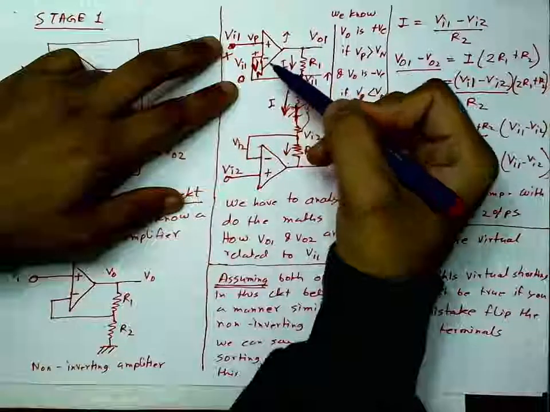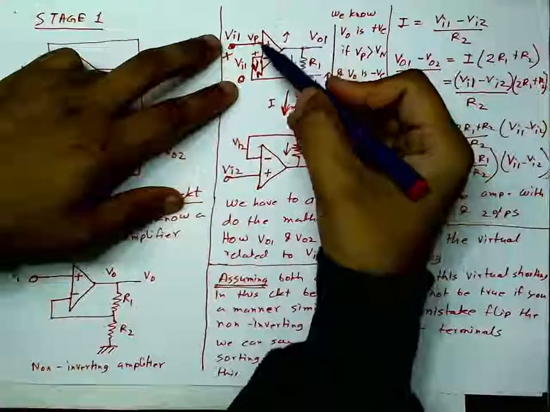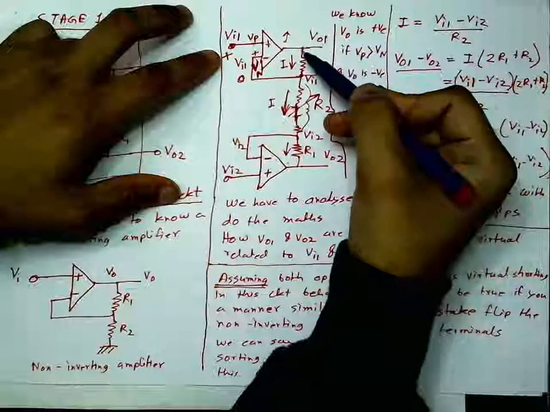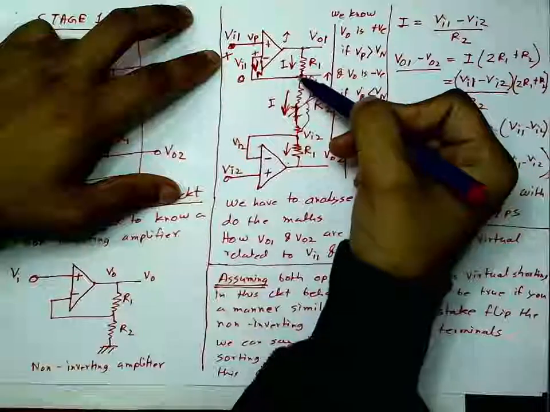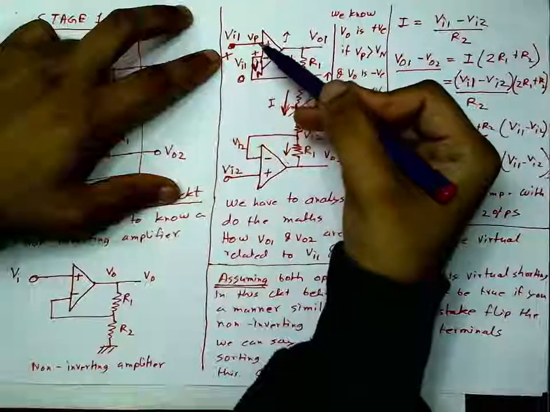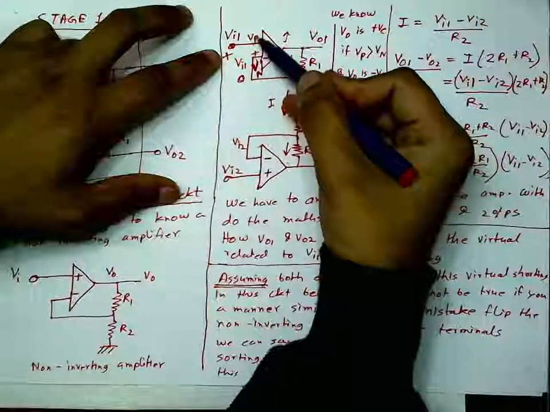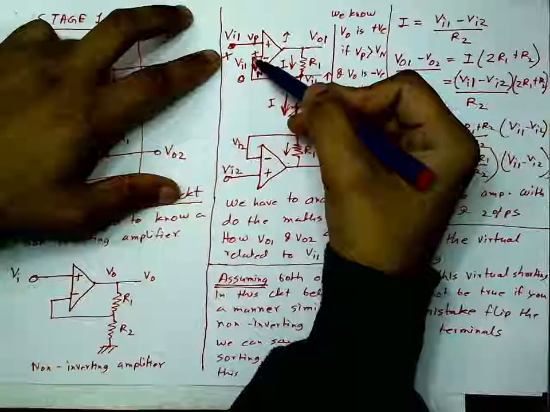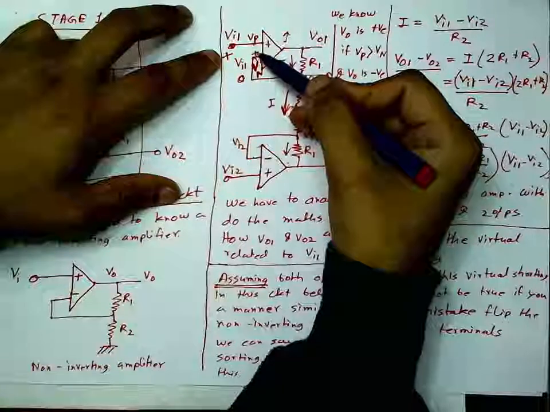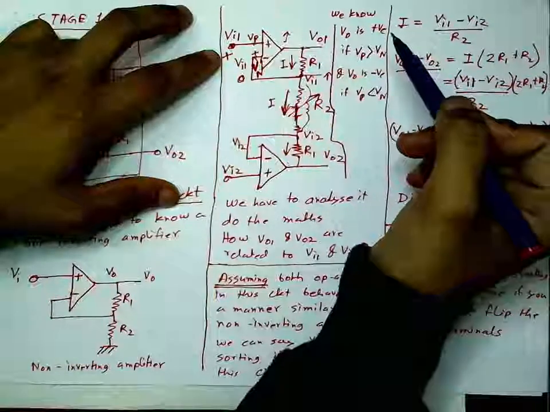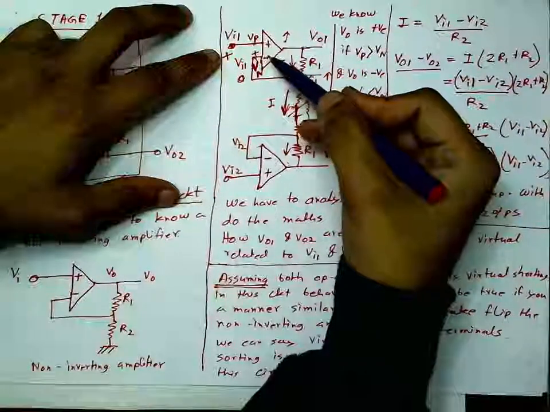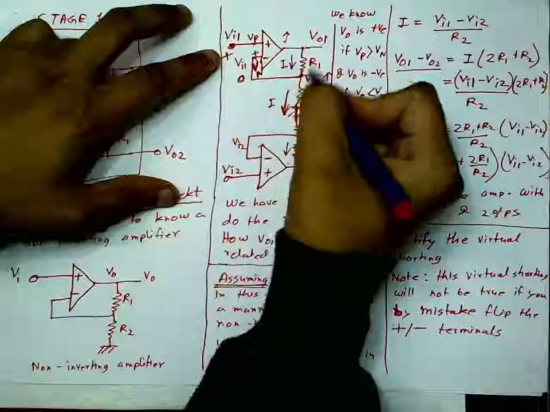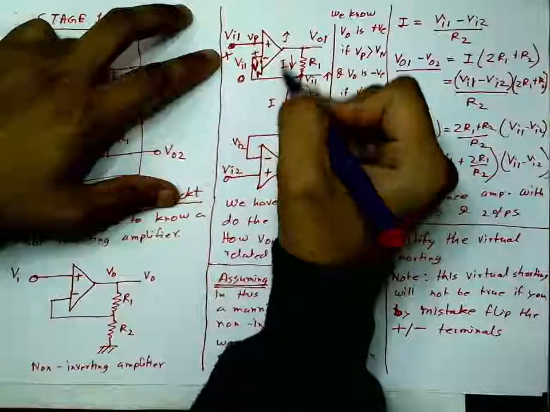So if this is positive, the output goes positive, this also goes high, and it makes Vn also positive, and therefore these two come to the same potential, and that's why the virtual short is true. That's how you can remember the fact that virtual short is true here.